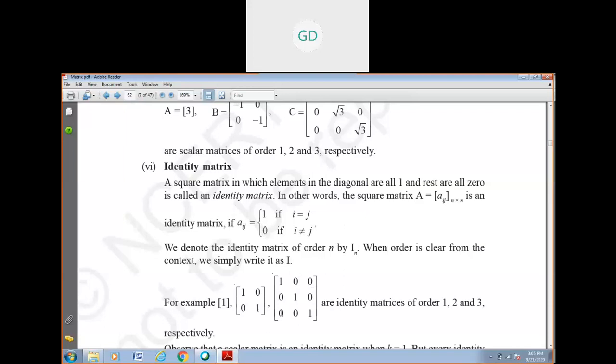So i is equal to 3 and j equal to 1. So that means the values of i and j are not equal. So as per this definition, the element in this position will be 0.